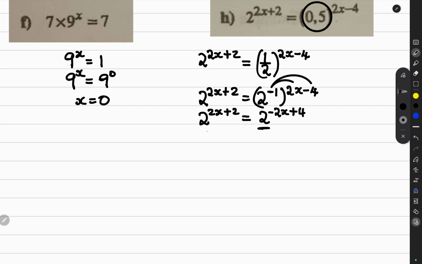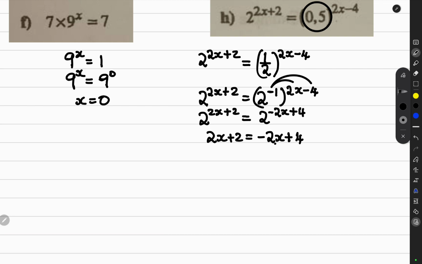You drop the base, same base, and you equate the exponents. You're going to get x plus 2 equals negative 2x plus 4.